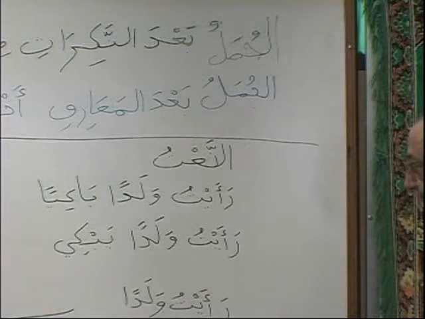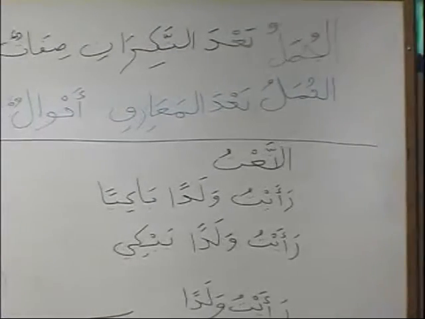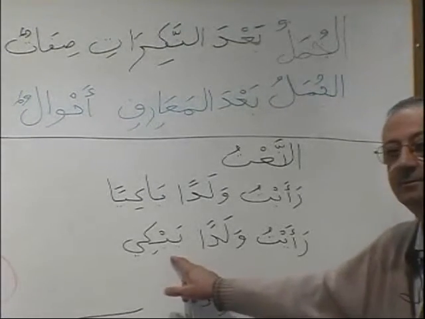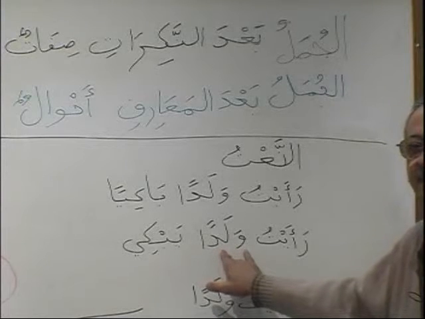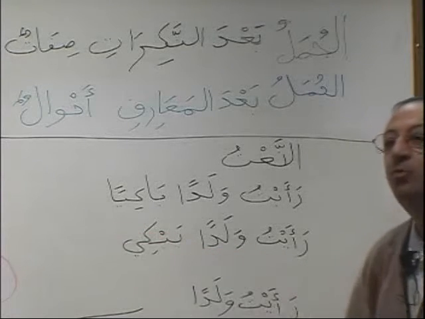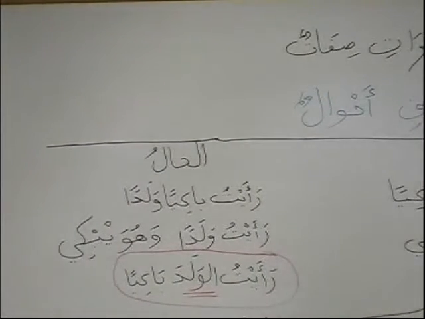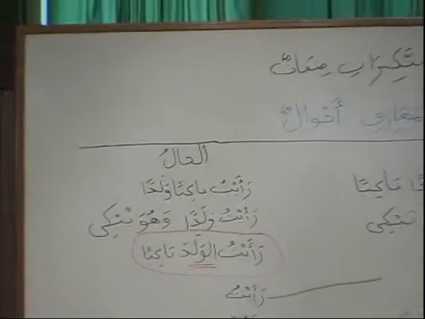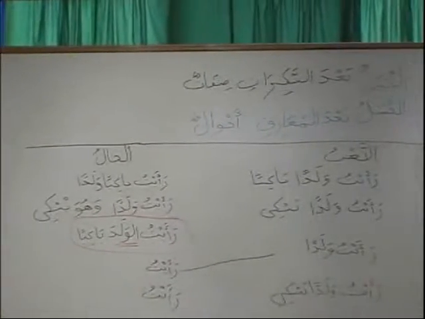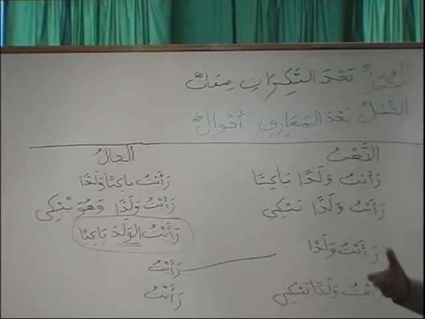Now change that into hal. How can I change this into hal without changing the sahibul hal? Ra'aytu waladan wa huwa yabki. Now the indefinite noun came, but I had to bring in the waw of hal, and the damir.